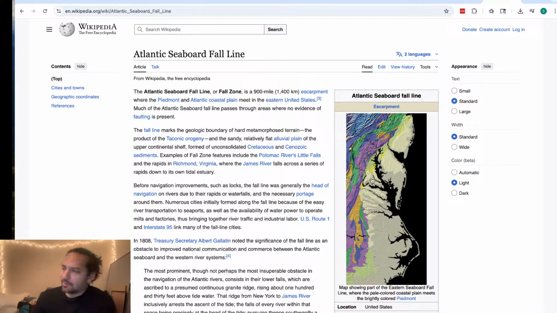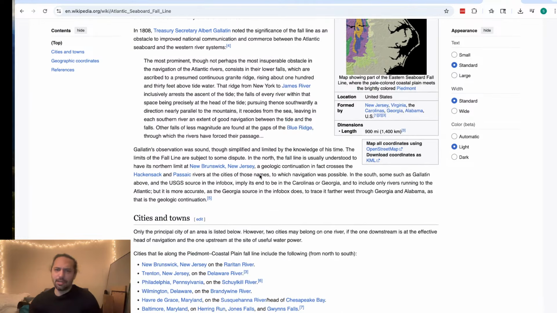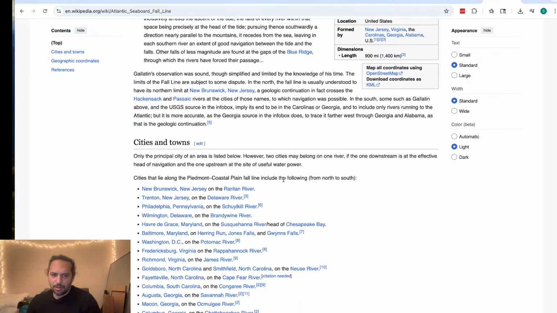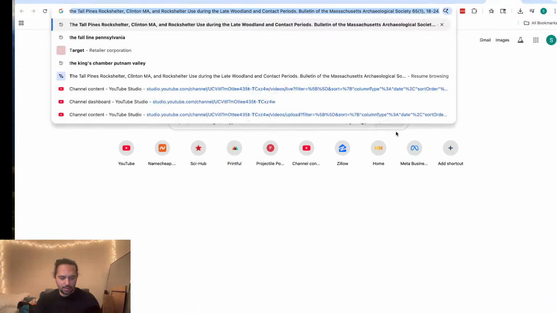So basically, it's a ridge, and it's influenced the geography of Philadelphia very heavily, and also the social geography of Philadelphia.